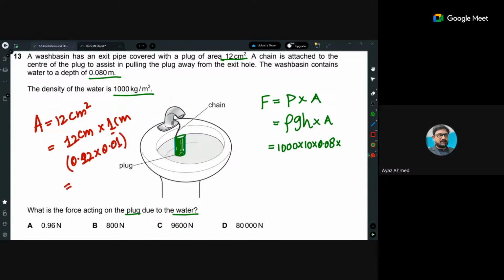So multiply, and write whatever answer you get. 0.12 times 0.01. Sir, I get 0.0012. Yes, you are right, 0.0012. So just calculate all this.